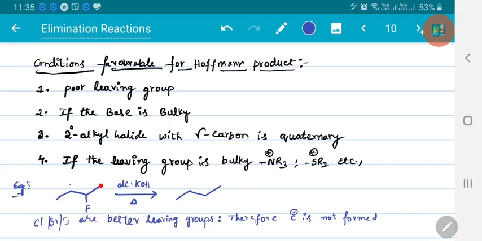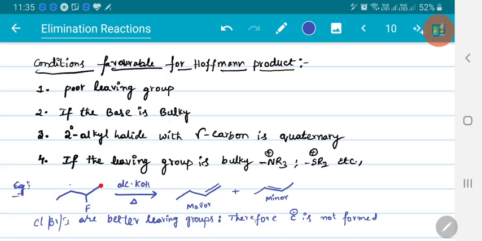So you will get the Hofmann product as the major product, and the Saytzeff product is minor. So in the case of poor leaving groups, they prefer the E1cB mechanism, and that leads to the Hofmann product as the major product.